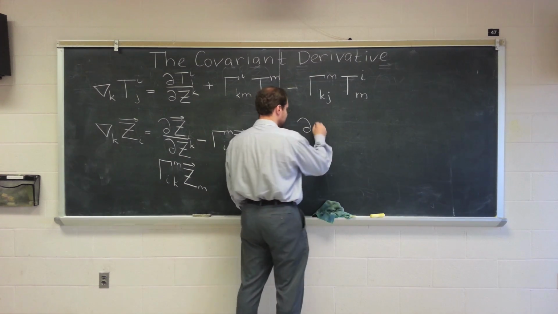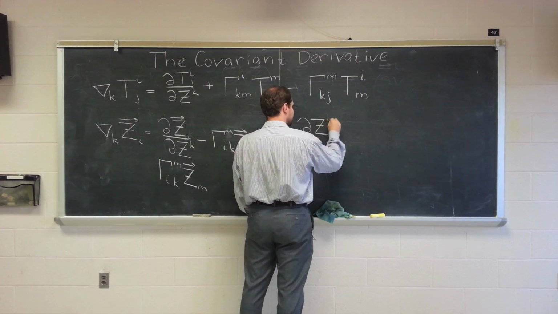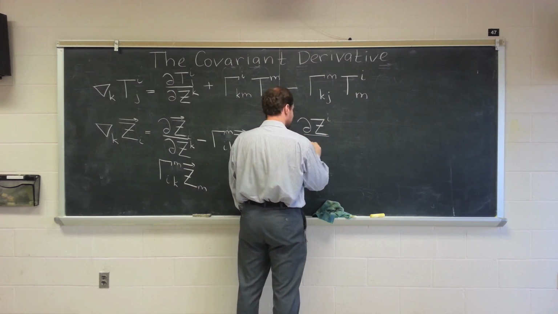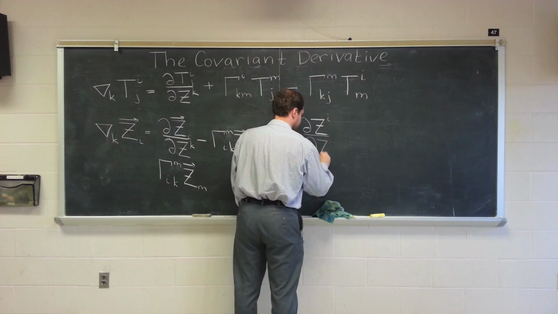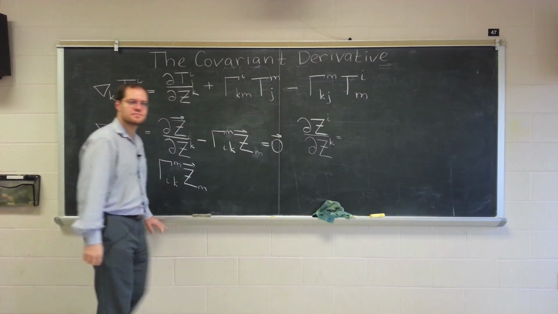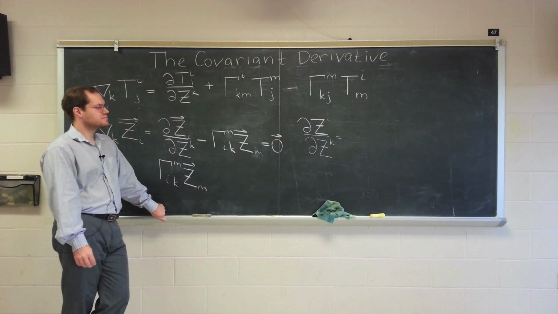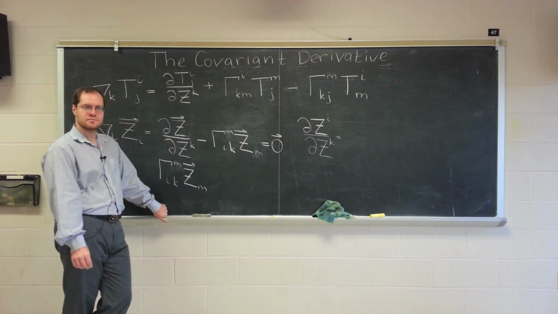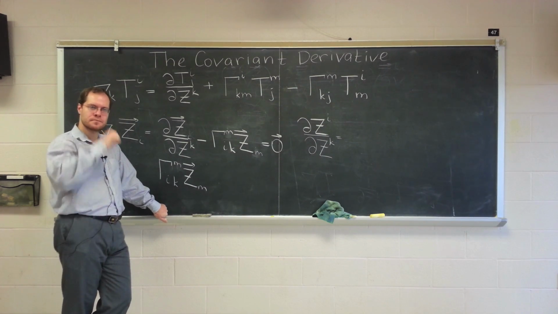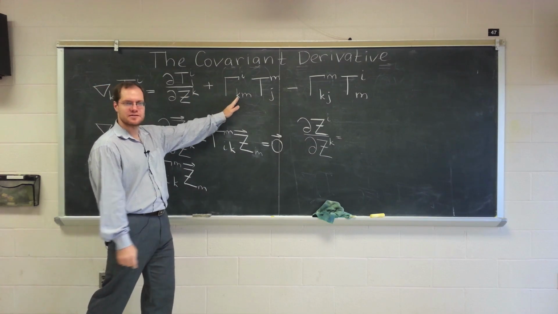Now, Alex, you will no longer make this mistake, whatever mistake it is you made. dz^i, dz^k. Figure out this one. Just write out the definition.